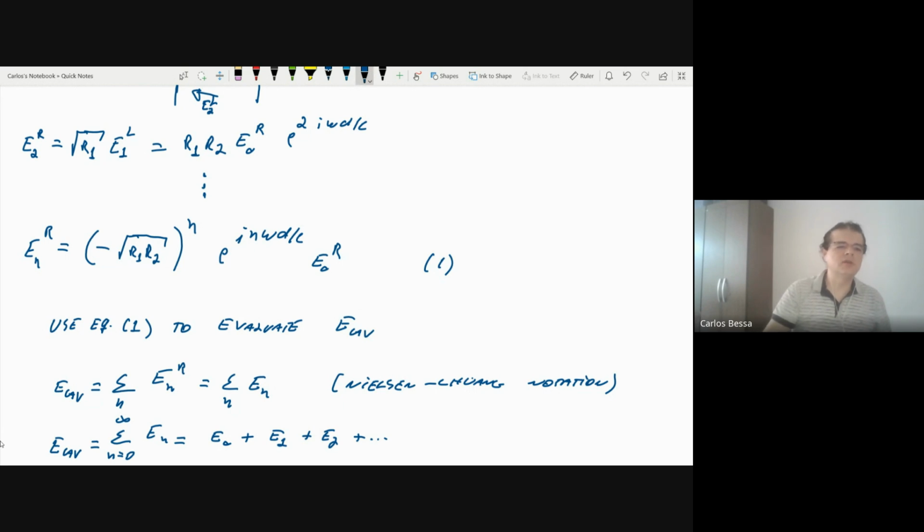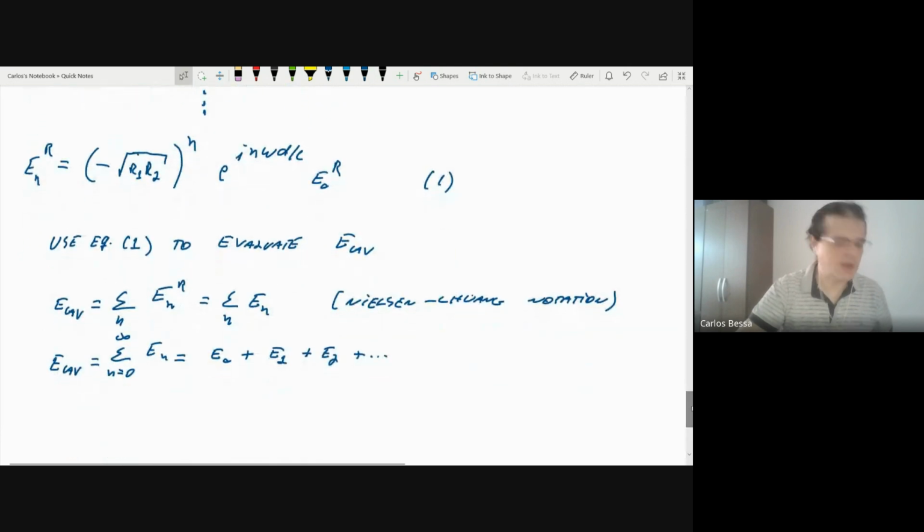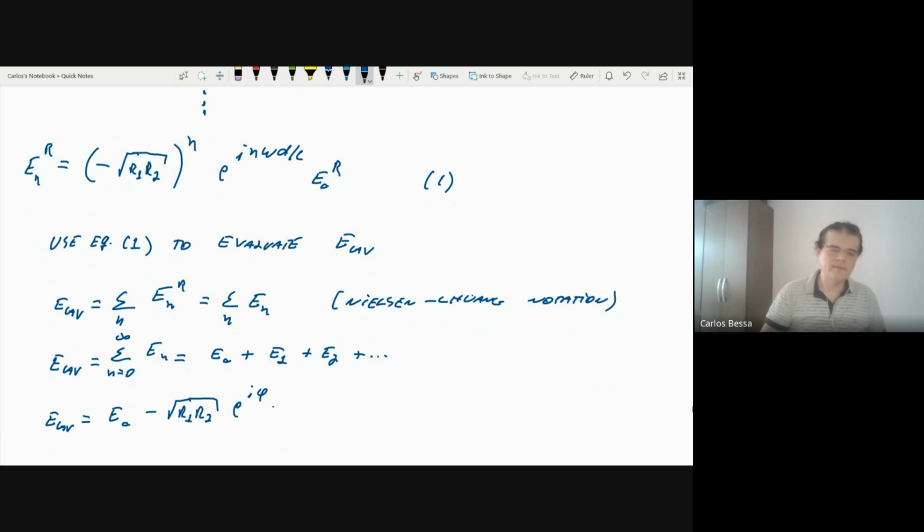And if we use all the terms that we evaluated inside the cavity, we have E0, that's the first, minus square root R1 R2, exponential i phi E0, plus R1 R2, exponential 2i phi E0, plus the other terms.